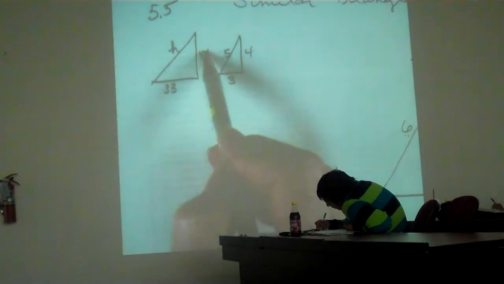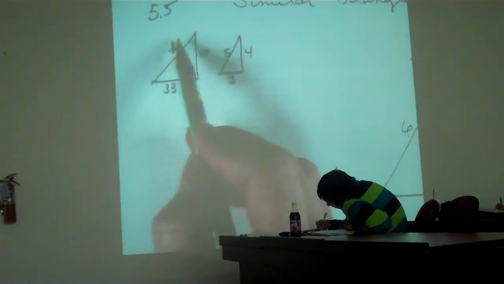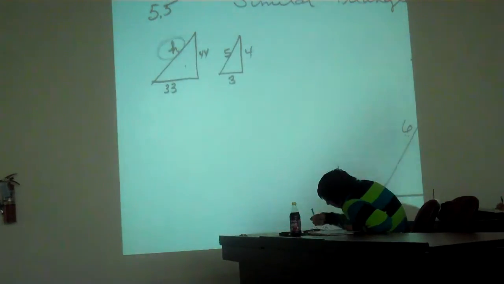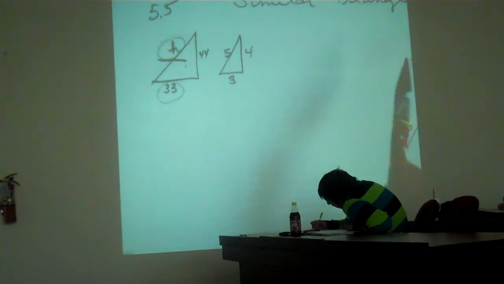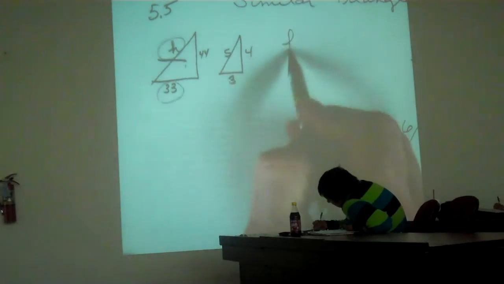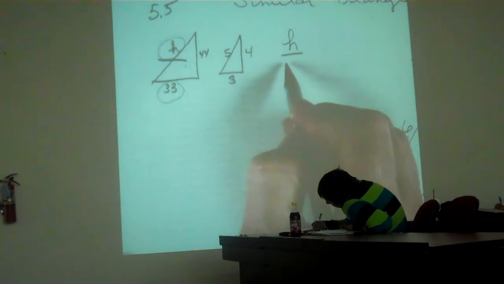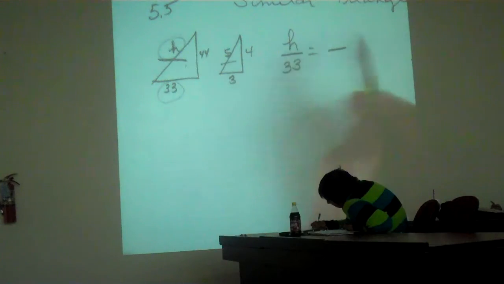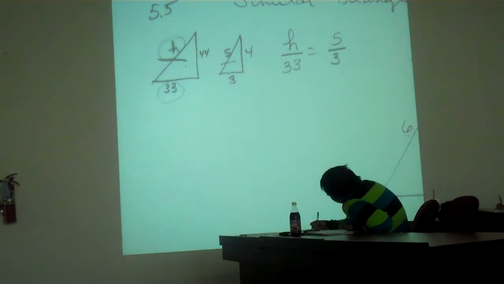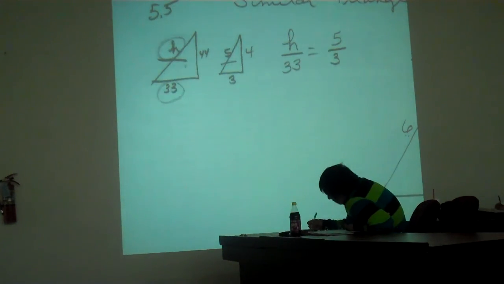You could say this, well, let's put the side we don't know as part of it, okay? We're going to use that over one that we know. So we're going to say the hypotenuse over the bottom equals the hypotenuse of this one over the bottom. Okay?